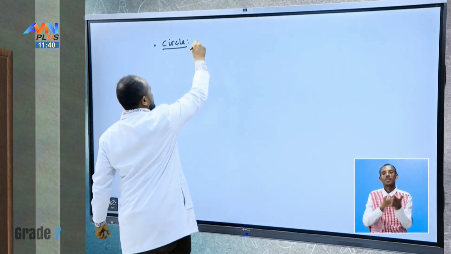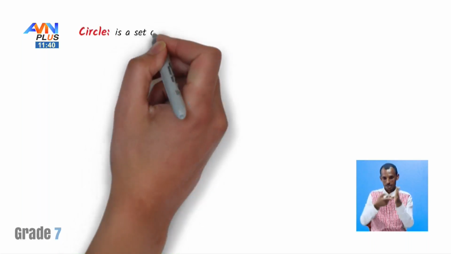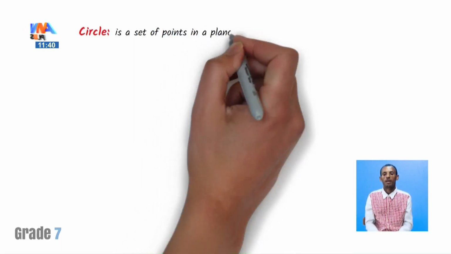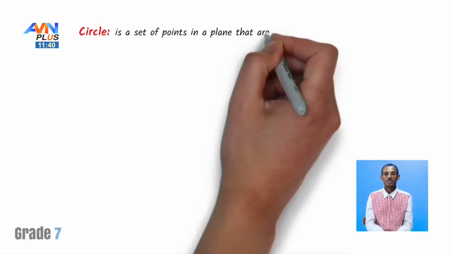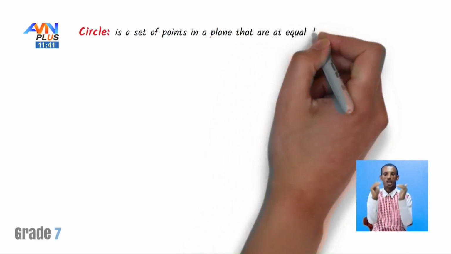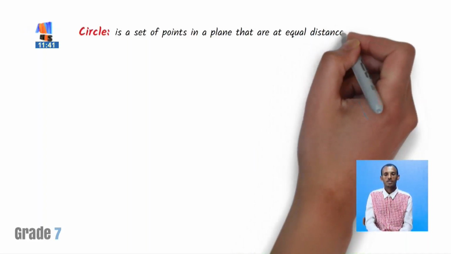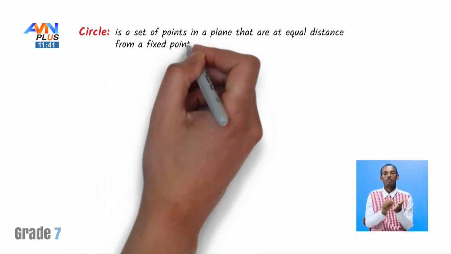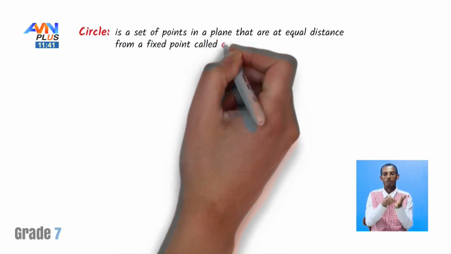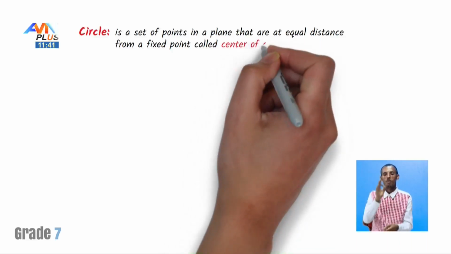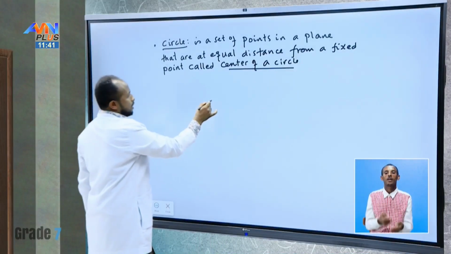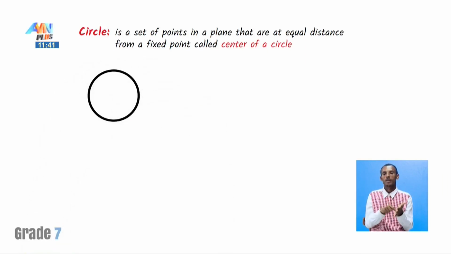So here, if you have this fixed point, set of points at equal distance from such a fixed point, you will have such a circle.